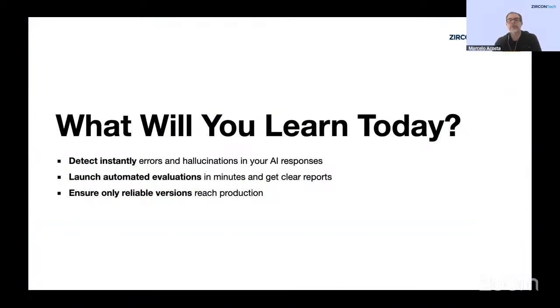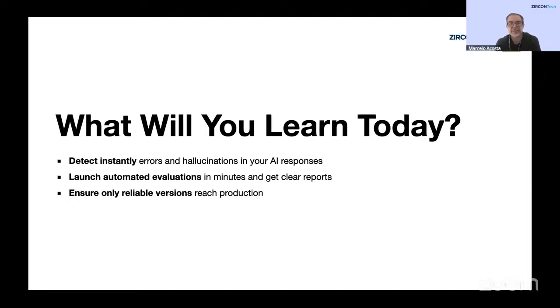Here's what we are going to cover today, with practical techniques that you can use right away. First, detecting errors and hallucinations, and catching these issues before your users face them, because rebuilding trust is much harder than maintaining it.